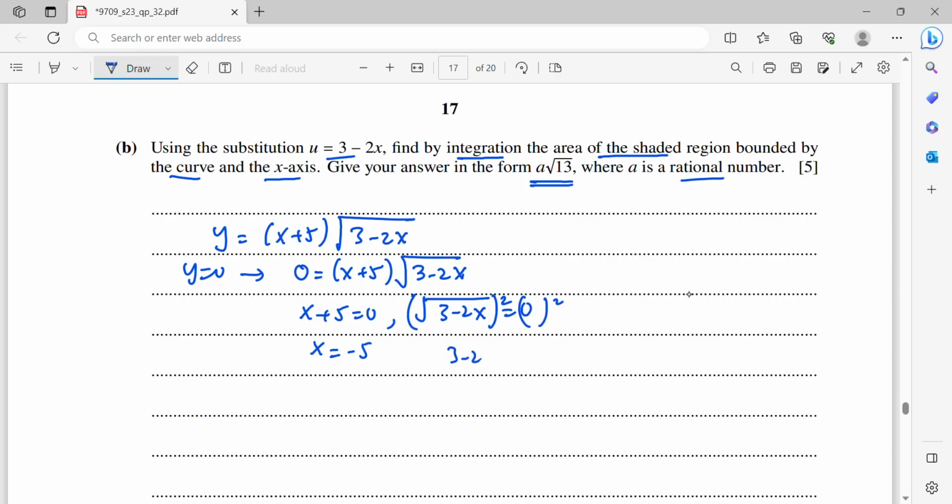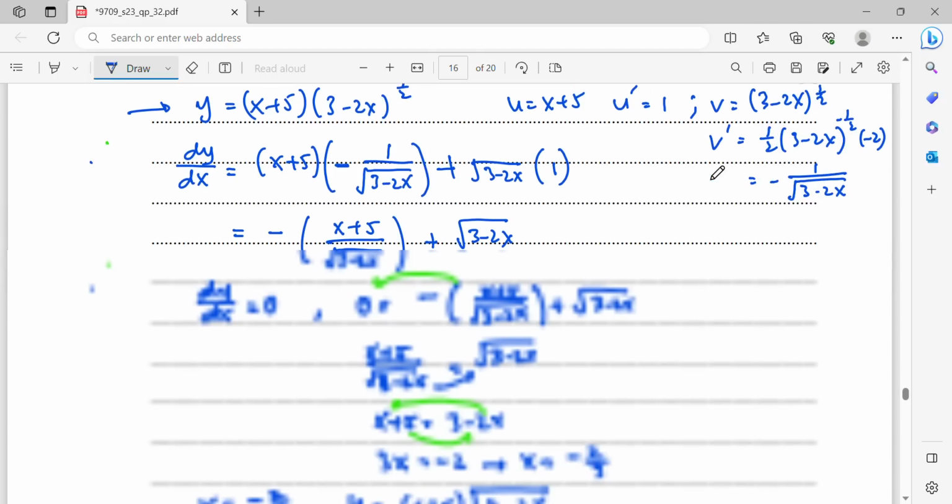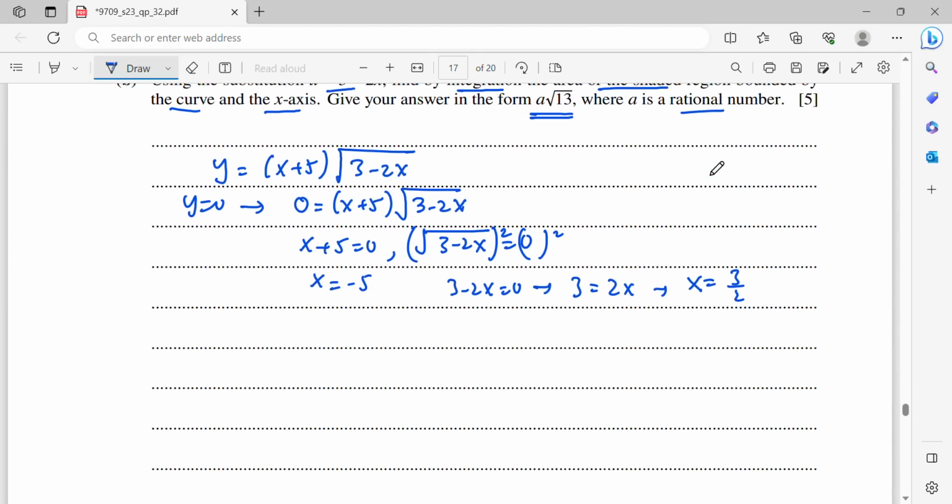So I will get 3 minus 2x is 0, which means 3 equals 2x, or x equals 3 over 2, which means now I will get 2 points. Here is minus 5, and this is 3 over 2. So I just need to integrate the graph from minus 5 to 3 over 2. That will be the area of the shaded region. So now my area is integrate from minus 5 to 3 over 2 of the y, so x plus 5 times the square root.